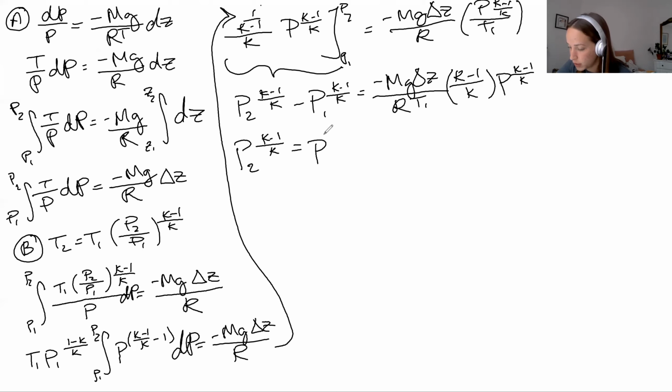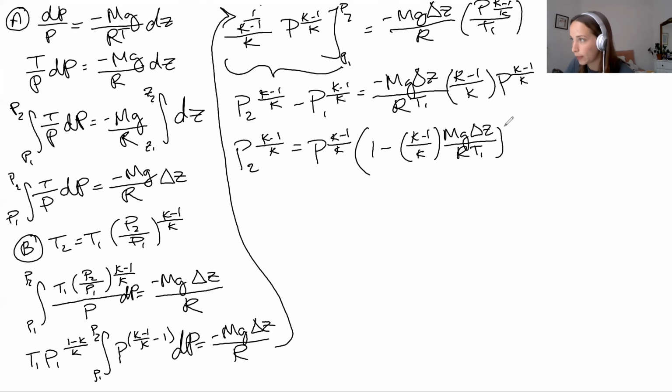So we can do P added over here, multiplied by 1, since we have this initial one. And then we have all of our stuff from before, K minus 1 over K. Okay.